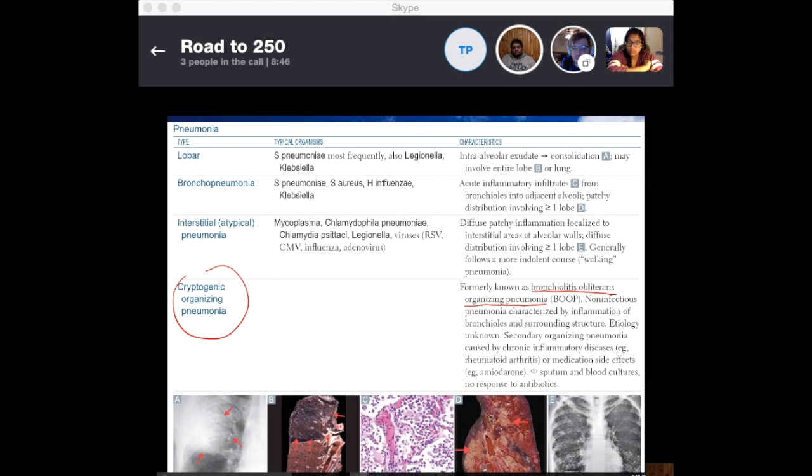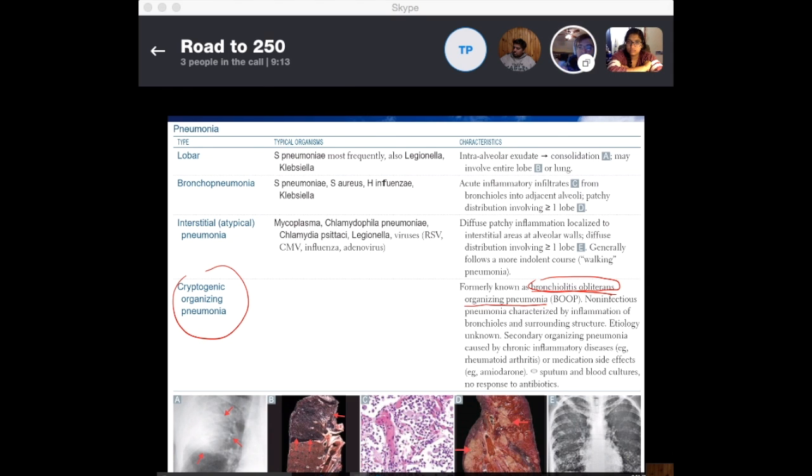It says etiology is unknown, but it's normally seen from like chronic diseases, like you have rheumatoid lung, or you could have what I'm learning is like crack lung or sarcoid lung. So it'll be like a systemic disease that will end up affecting the lungs. And again, this bronchiolitis obliterans is what you see because the bronchioles themselves are just getting destroyed.